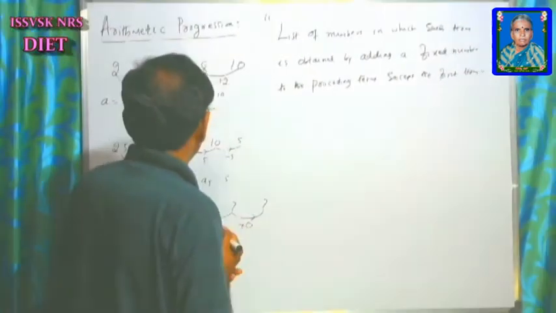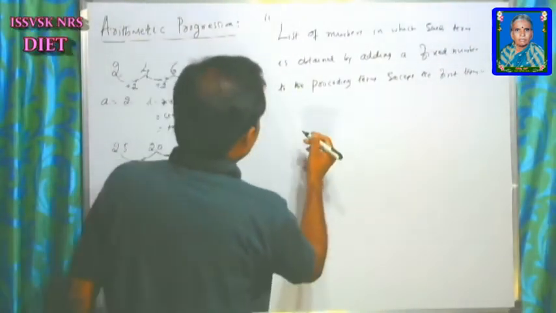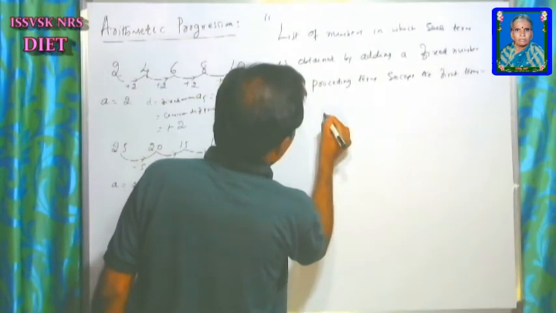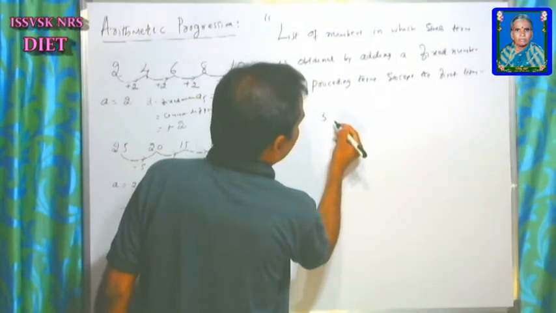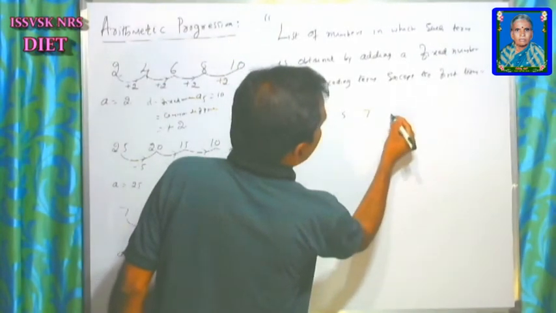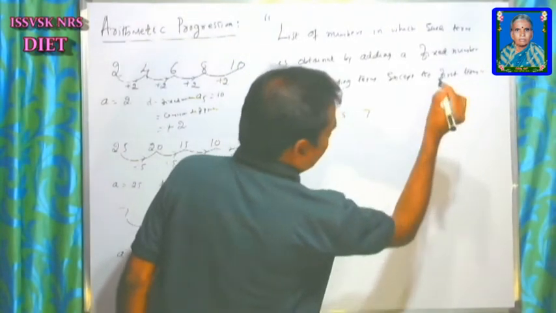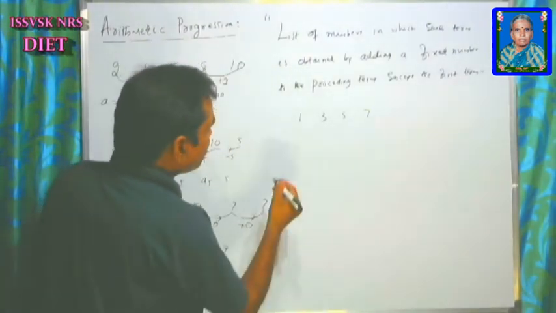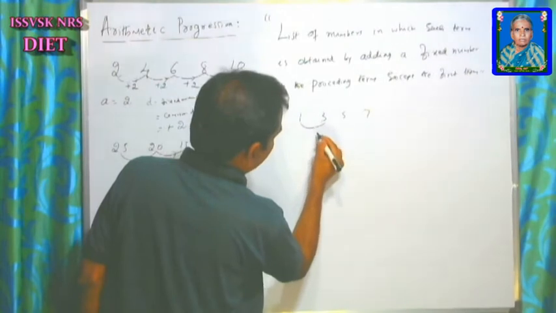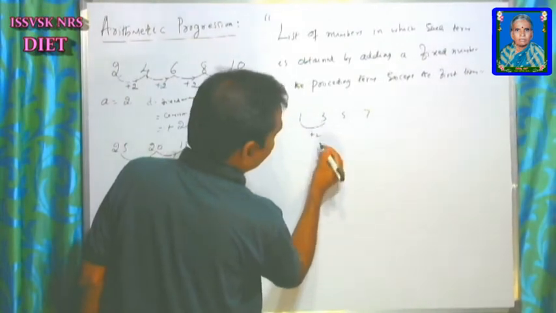Let us take some more examples. 1, 3, 5, 7, etc. Here the difference between these numbers is plus 2.